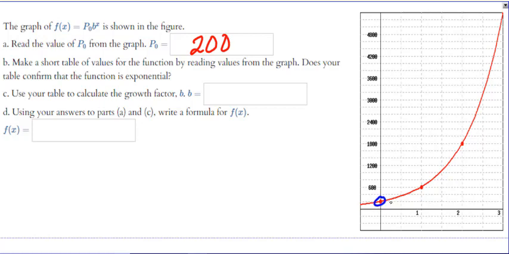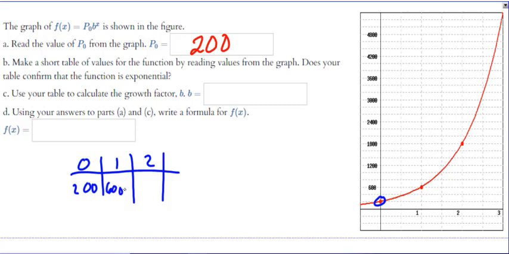Okay, now if I create a table, that's 200 at 0. Let's look at 1. At 1, it's at 600. And 2 is at 1800.